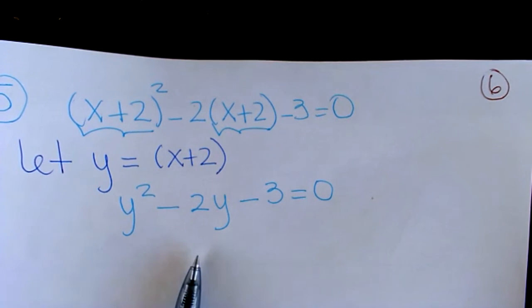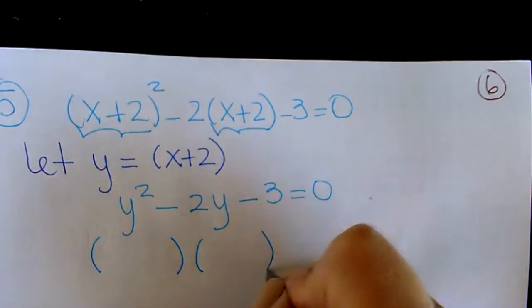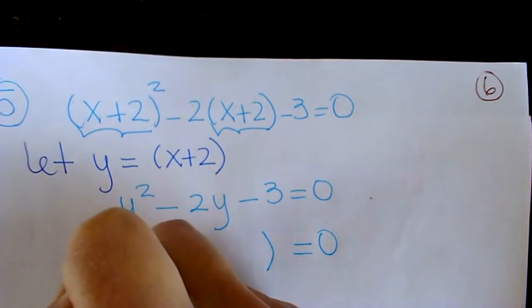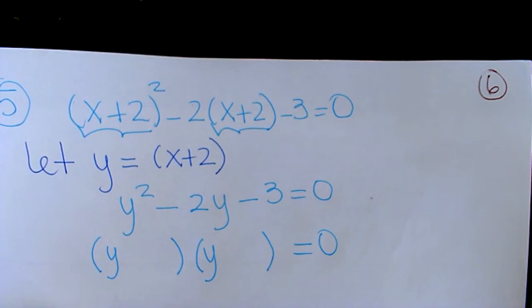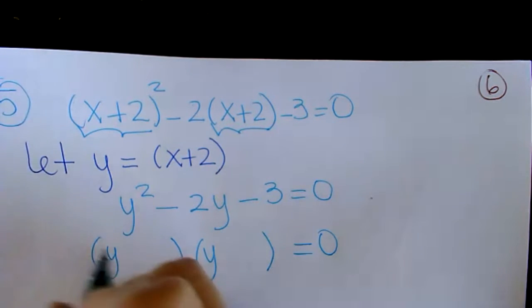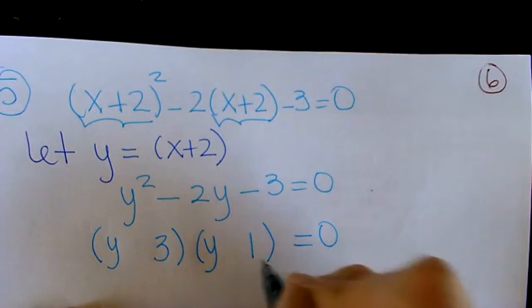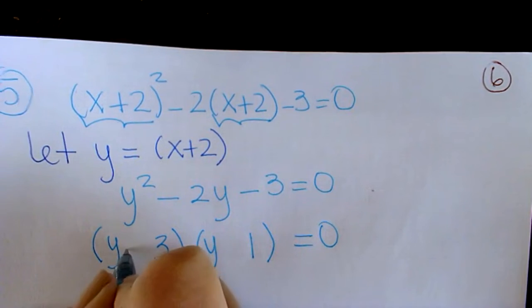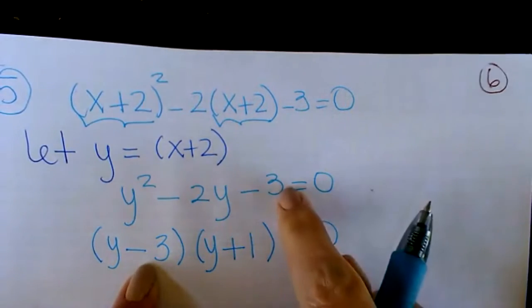Now, right here, you know what? We don't need to apply. Hold on, we can factor this, can we? It would be 3 times 1. So they have to be, this one is going to be negative, and so when I multiply, I get negative 3.